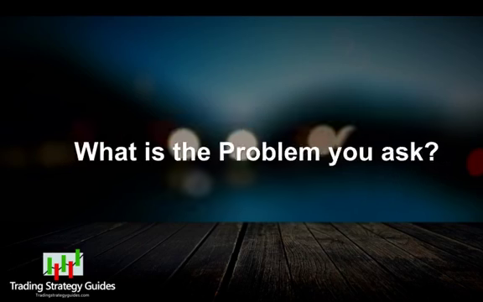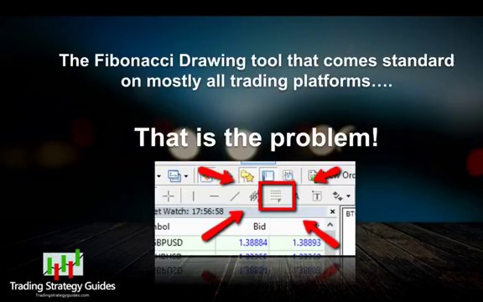That is a big problem that starting traders face. The Fibonacci tool that comes standard with MT4 and platforms like that is good, but there are no instructions, so it's basically up to you to work out how to apply it, and there can be issues with that.